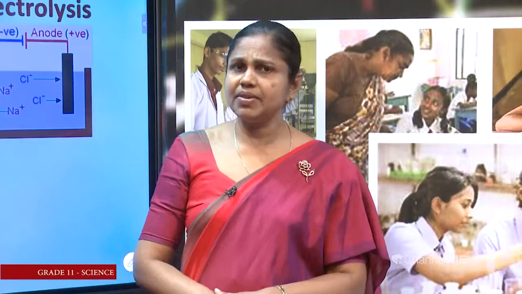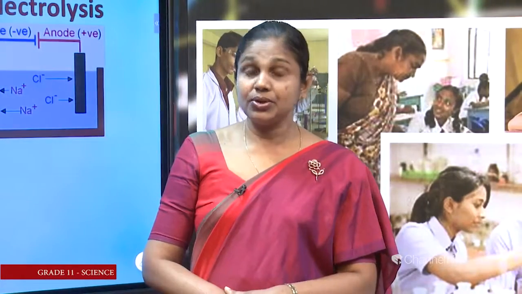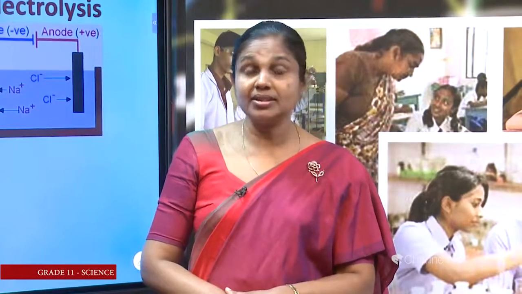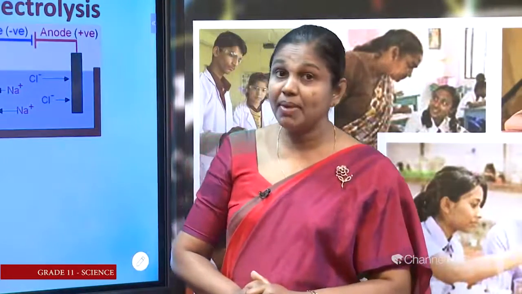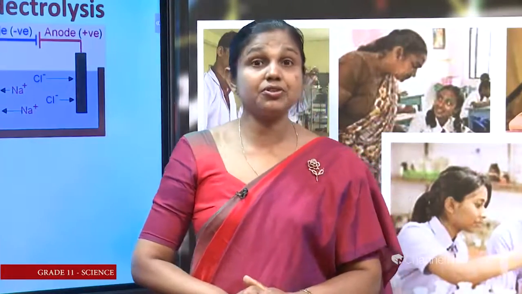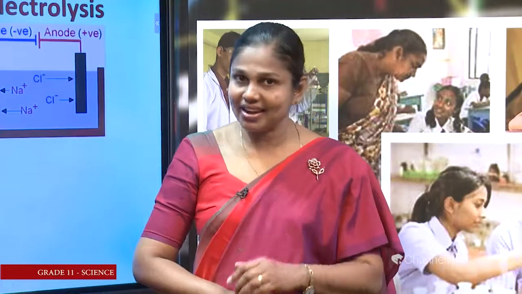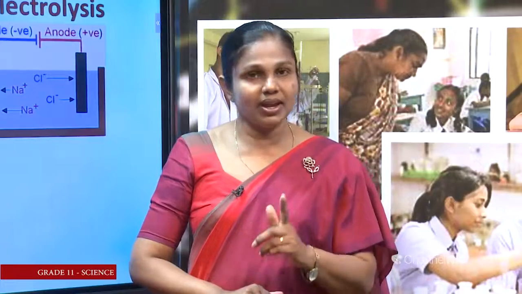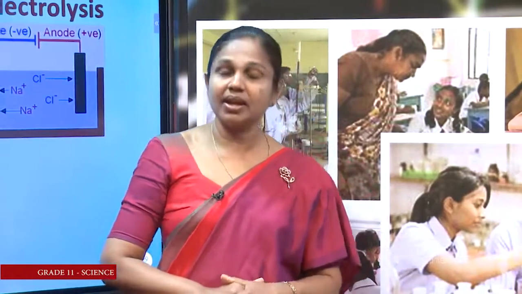After learning the reactivity series in grade 10, your teachers told you that highly reactive metals in the reactivity series are extracted by the process of electrolysis. Now in grade 11, we are going to learn how this actually happens.